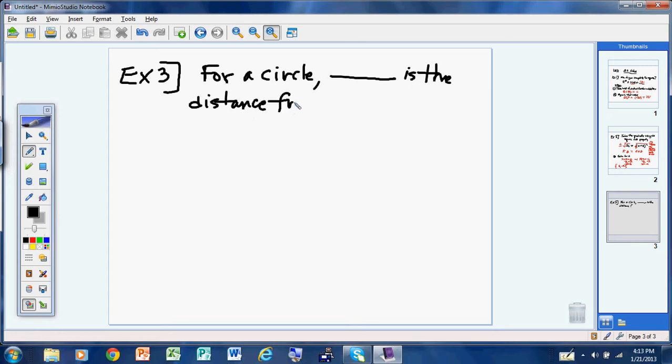from the center to any point on the circle.